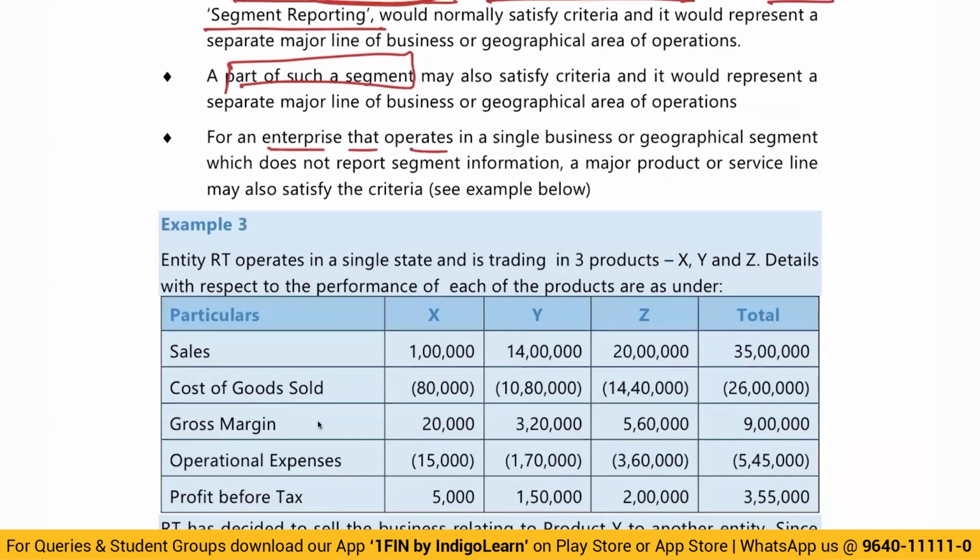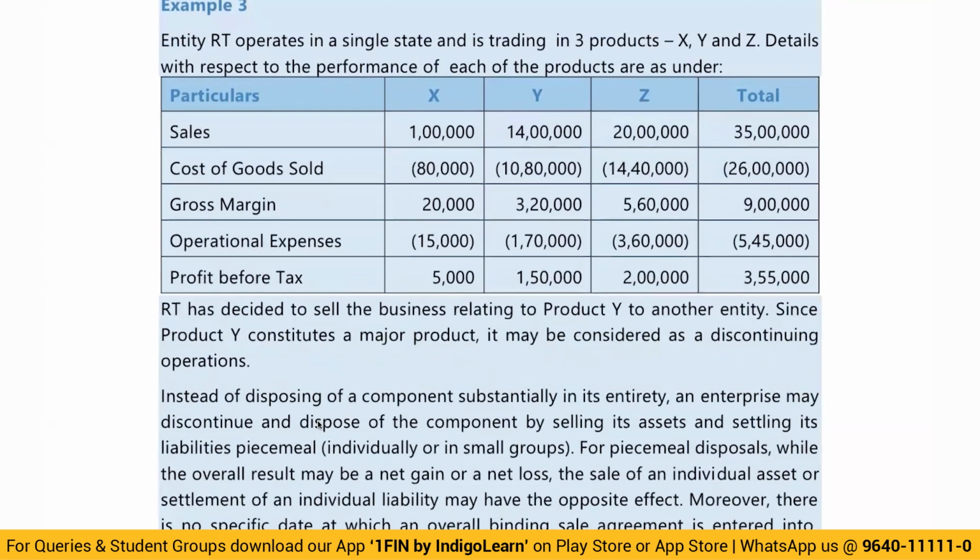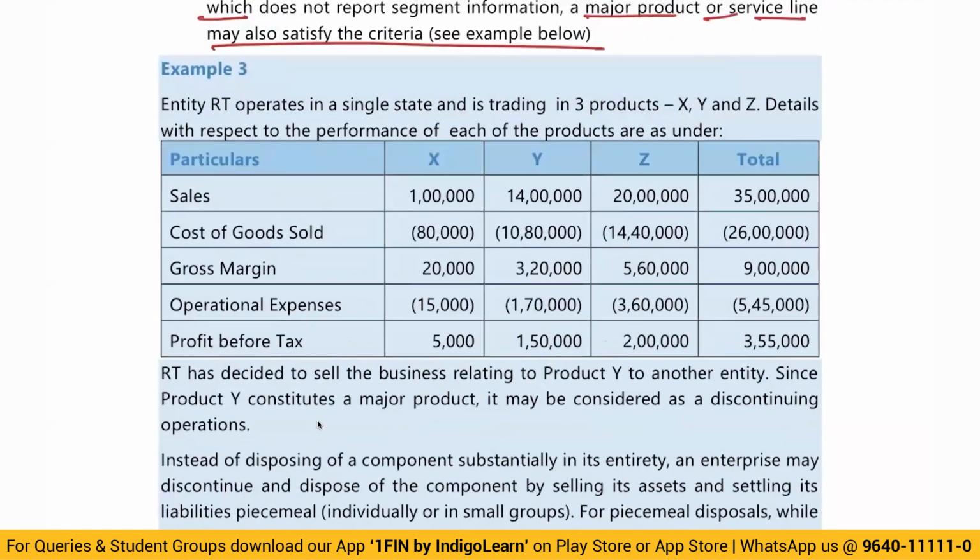For an enterprise that operates in a single business or geographical segment, a major product or service line may also satisfy it. So basically, it has to be a major line of business or area of operation. Now here, if you see this example, they were operating in a single state, with sales of 1 lakh, 14 lakhs and 20 lakhs.